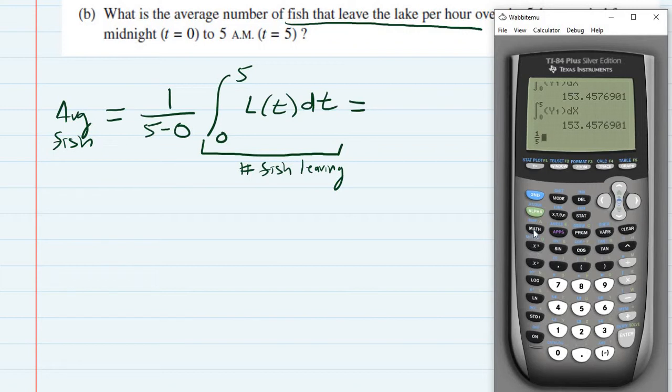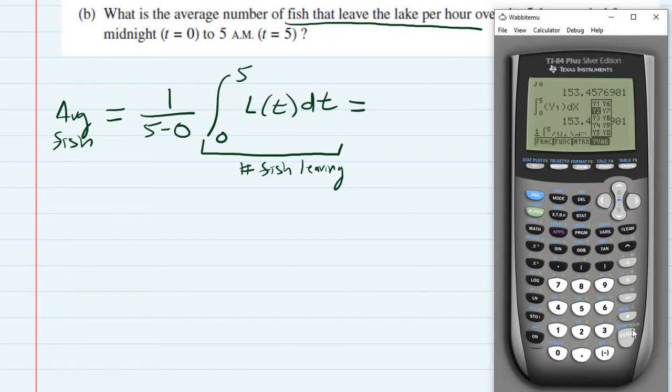I'm going to pull up my numeric integration, Math 9. I am integrating from 0 to 5. This time though I'm using the Y2 function because that is the function for the rate of fish leaving the lake. And so I need to change that to Y2.